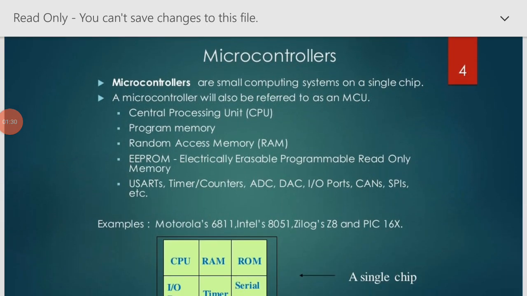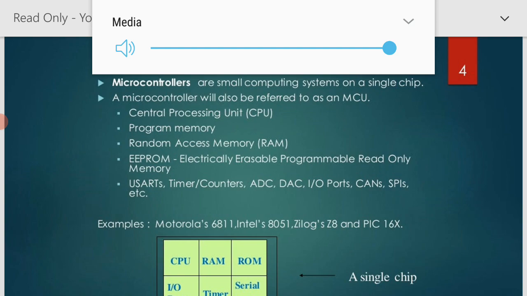Microcontrollers are small computing systems on a single chip.